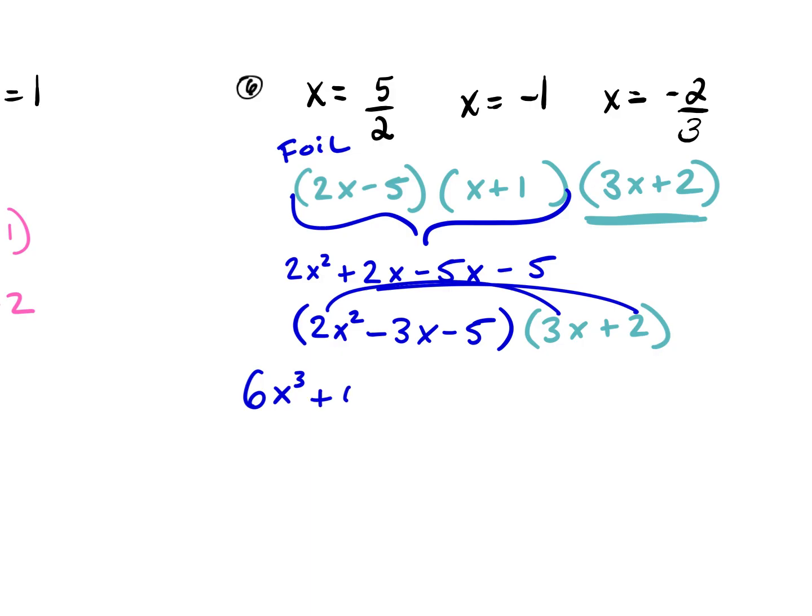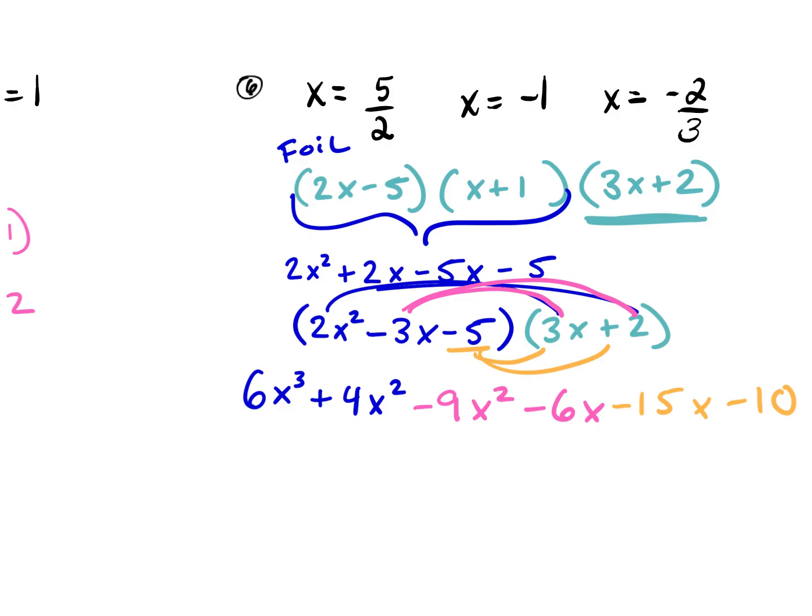Plus 4x squared, awesome. Now moving on to the negative 3x. Negative 9x squared. Negative 6x, awesome. And then moving on to the negative 5. Negative 15x, negative 10.